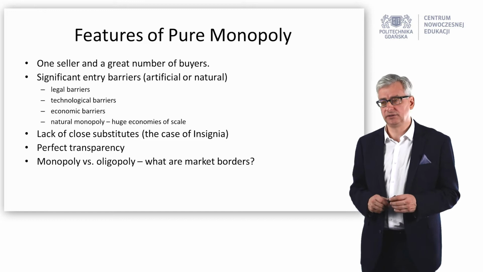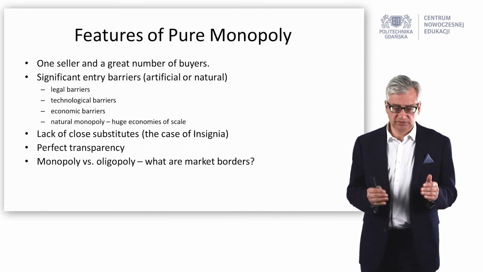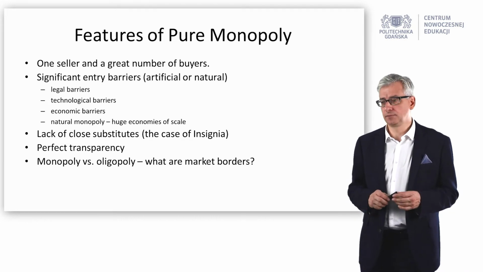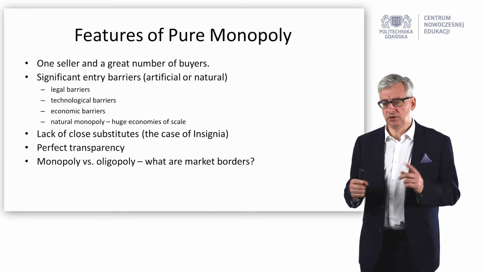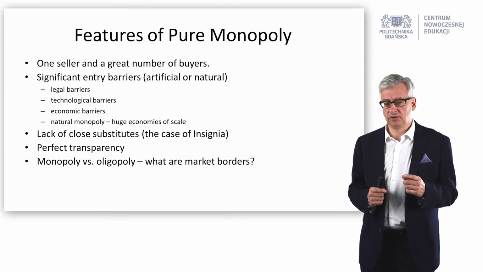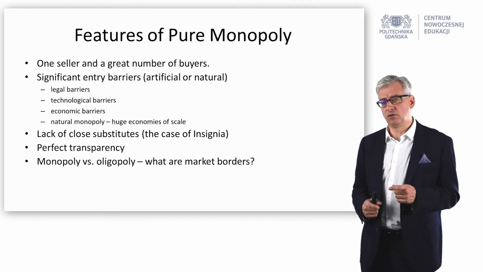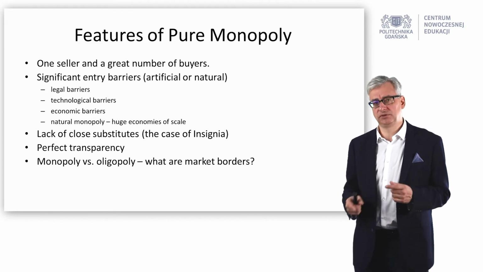The other one is, where do we set the borders for the market? So this is always the question whether we look at monopoly or whether we look at oligopolistic market.